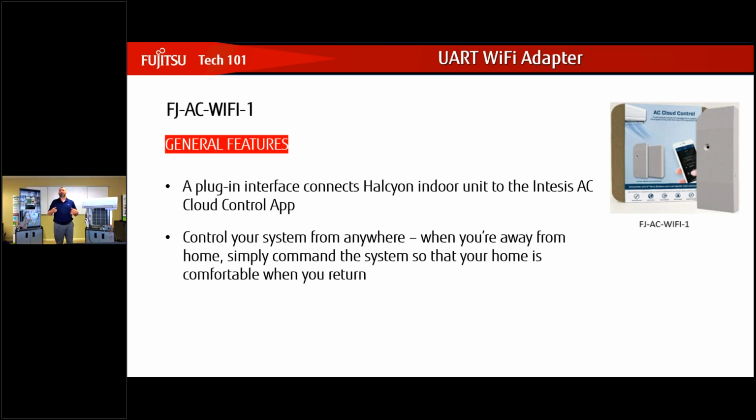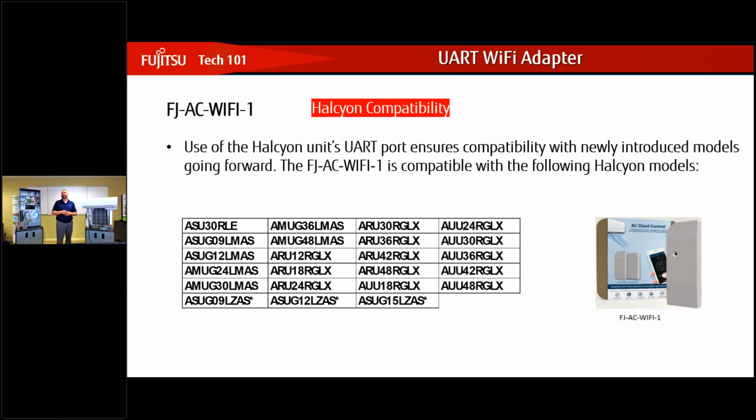All right, so if you're used to installing a Nest thermostat or something along those lines, this is basically going to be along the same lines. We now have the ability to control through an app. This specific interface kit here will attach to these units.